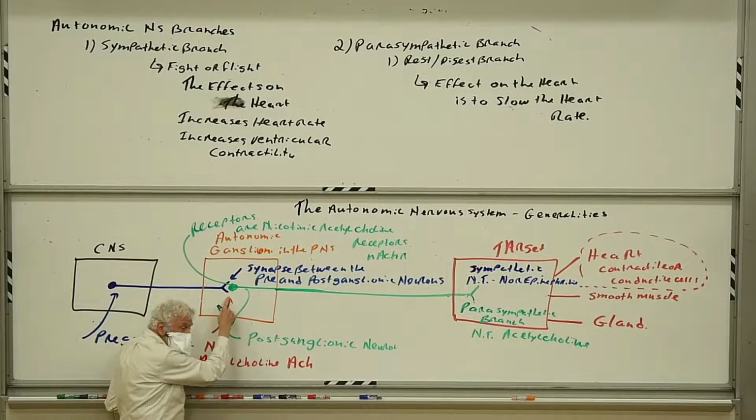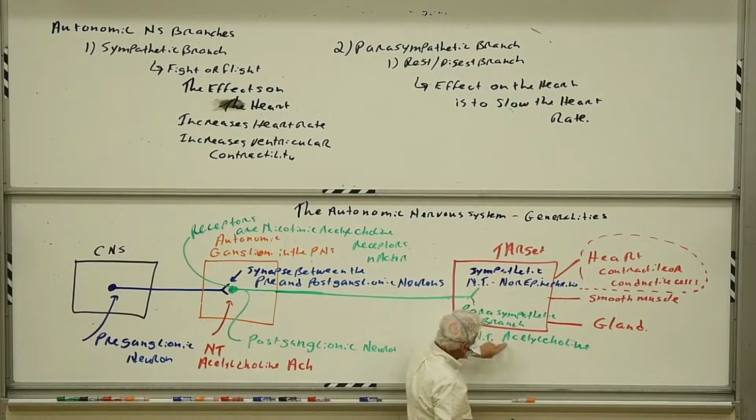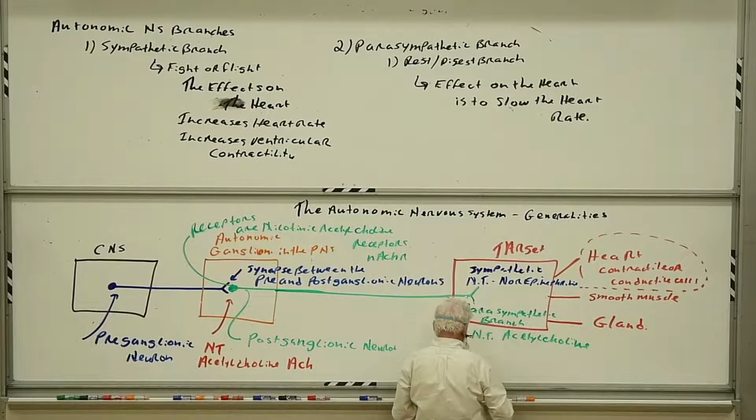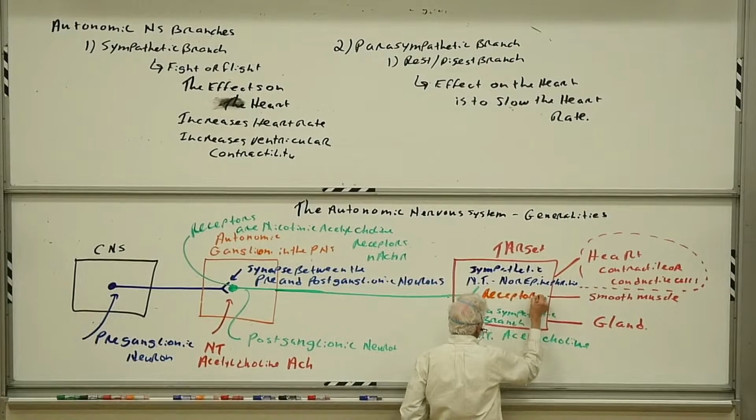Back here we use acetylcholine, fair enough, but in this case it's always a ligand-gated ionotropic channel, fast response. Out here, whether we're talking norepinephrine or acetylcholine, the receptor is a G protein coupled receptor.